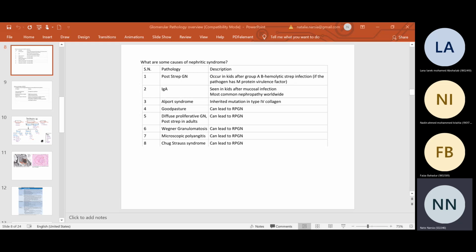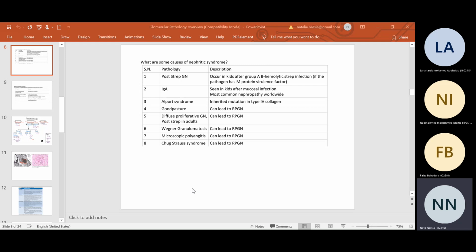And what is important to know here? Post-streptococcal glomerulonephritis is caused by group A beta hemolytic streptococci. You know it already. One important thing you need to remember is M protein. For exam purposes and for the board exam, they ask this question: what is the virulence factor that causes these symptoms and disease?